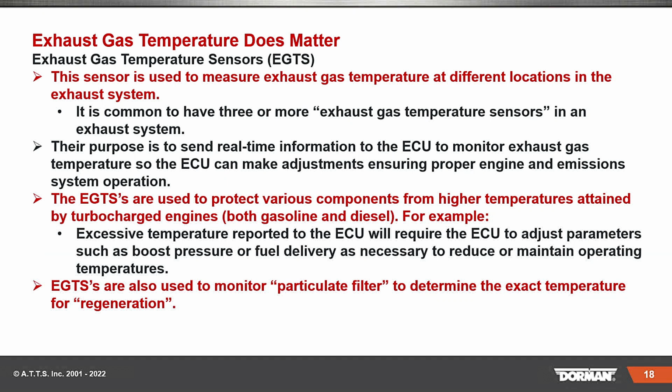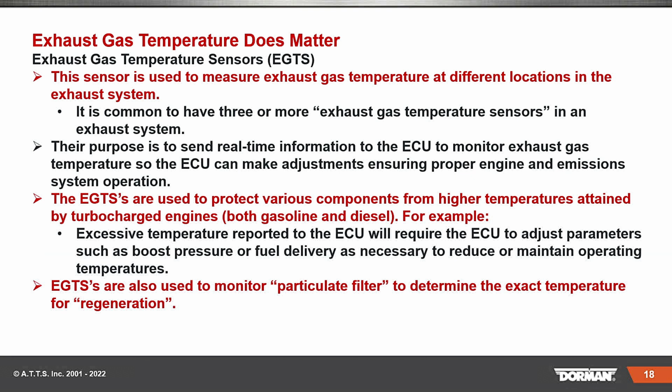Now, exhaust gas temperature does matter. The EGT, exhaust gas temperature sensor, is used to measure exhaust gas temperature at different locations in the exhaust system. It's common to have three or more exhaust gas temperature sensors in the exhaust system. The purpose is to send real-time information to the ECU to monitor exhaust gas temperature so the ECU can make adjustments ensuring proper engine emission systems.